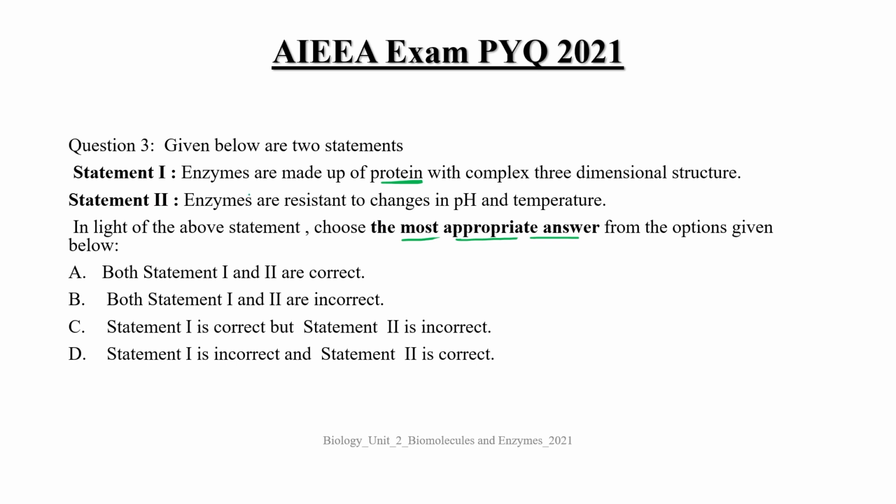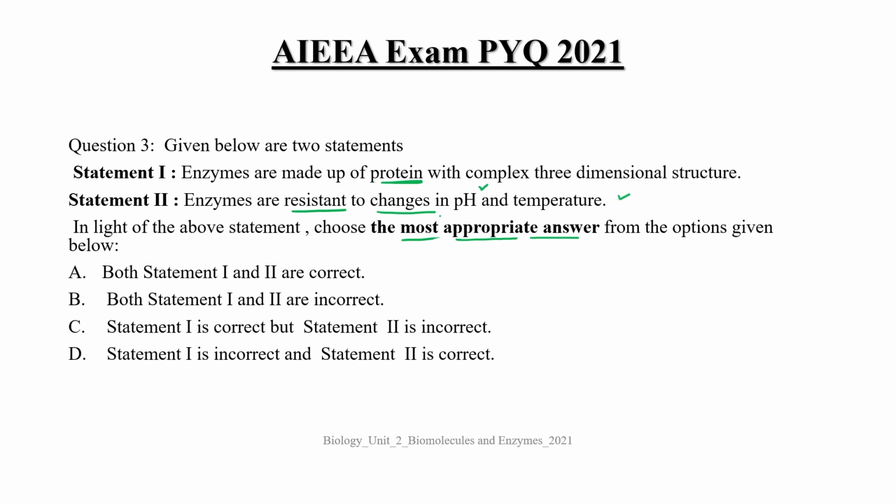Statement number 2: enzymes are resistant to change in pH and temperature. Is it so? Tell me, students. Yes, enzymes are not resistant. They are very, very sensitive towards the changes in temperature or pH.